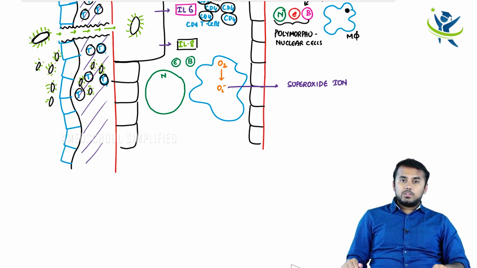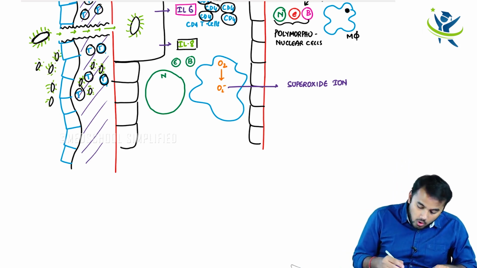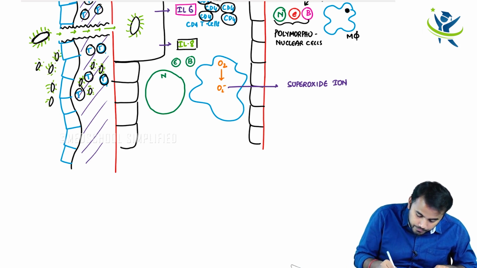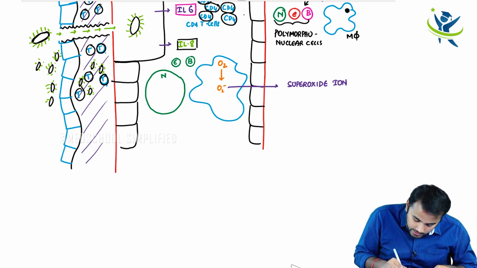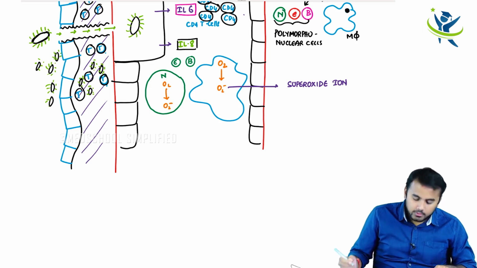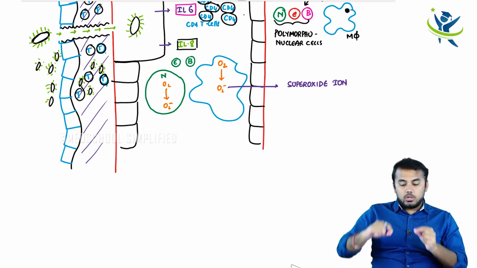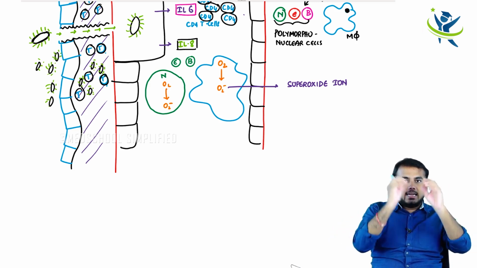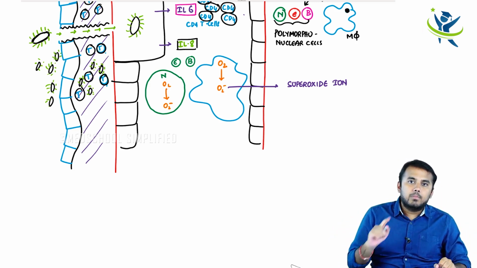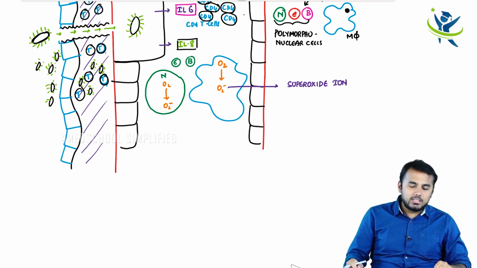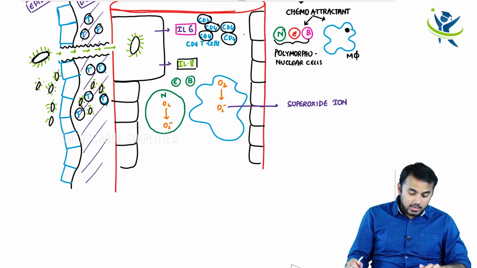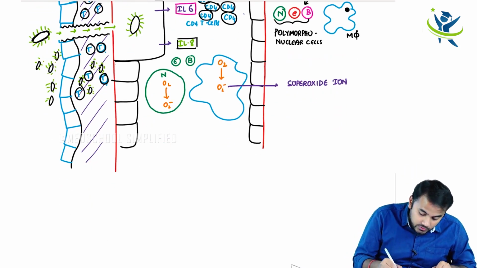So what these macrophages and neutrophils will do is that they will convert oxygen into superoxide ion. And these superoxide ions go all the way back and kill down the bacteria. But that thing is not going to happen here. The moment superoxide ions are released, bacteria is so aware that, look here what is happening, it is very interesting.